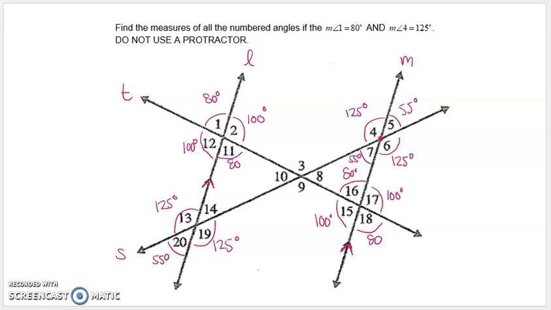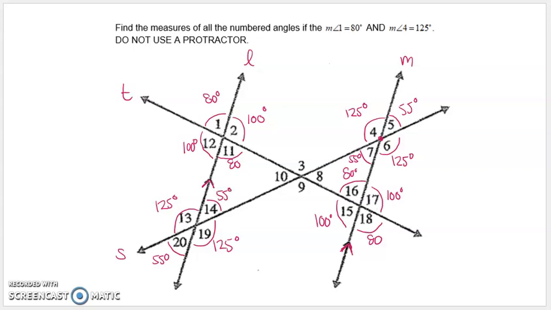Obviously 20 and 14 are vertical, so 14 would be 55, but you can also establish that, just to use another fact that we've used in our class, 14 and 4 are consecutive interior angles, so they would be supplementary. So if the measure of angle 4 is 125, and 4 and 14 are supplementary, the measure of 14 would have to be 55 degrees.